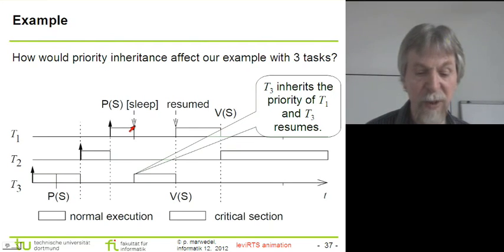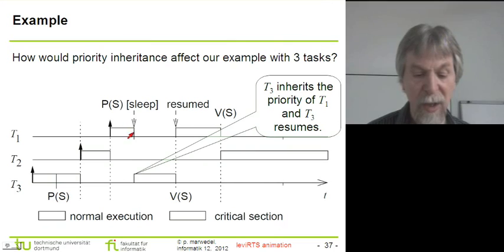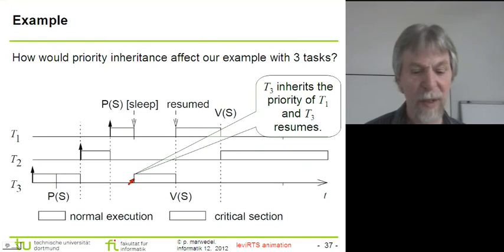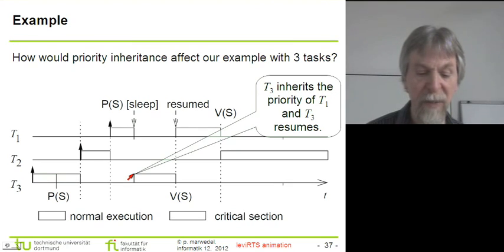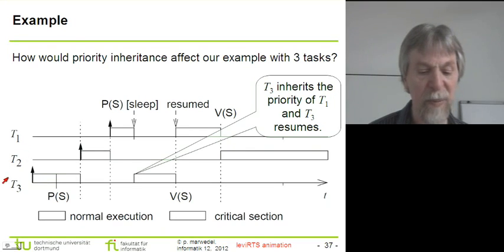Now that means we are still putting T1 to sleep, like before, but now T3 will inherit the priority of T1, which means that T3 will execute at a higher priority, and therefore it will not be T2 that will now run, but it will be T3 because it has the higher priority.